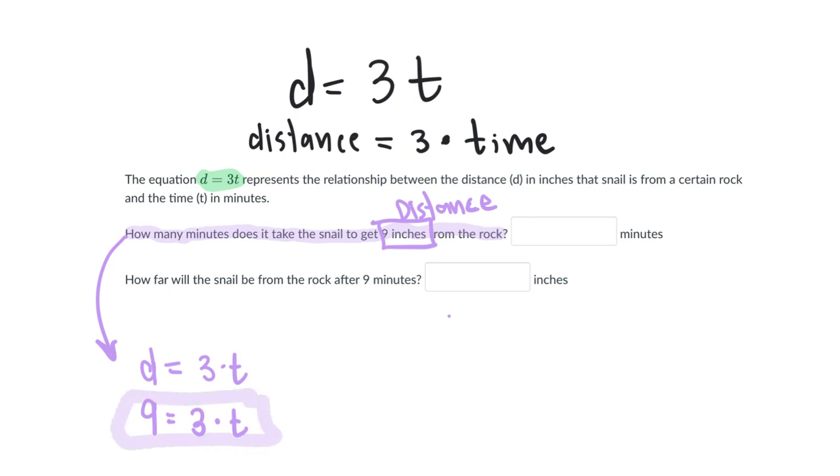You can either think about it and solve it, or you can actually do some math to solve it. If we have 9 equals 3 times our t, to undo this multiplication, what we do is we just divide both sides of my equation by 3 to cancel that out. So 9 divided by 3 is 3. So that means it takes the snail 3 minutes.